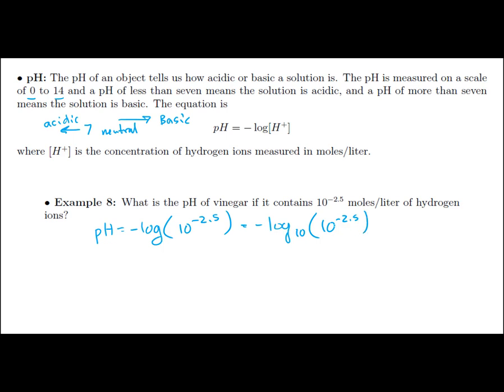When the base of the exponent and the log match, they essentially zap each other, so you just get the exponent back again. So this is a pH of 2.5, which is well below 7, which we said is neutral. This confirms what I said at the very outset, that vinegar is a very acidic thing, and that's borne out here in this pH.